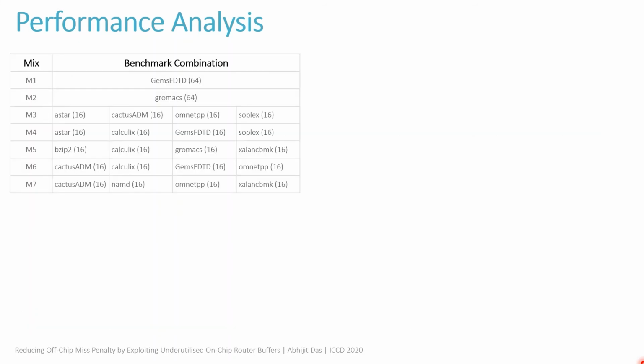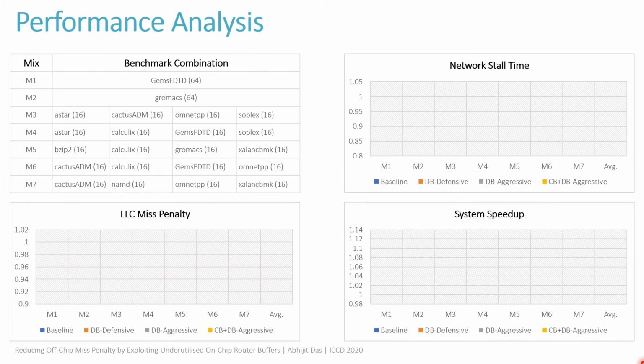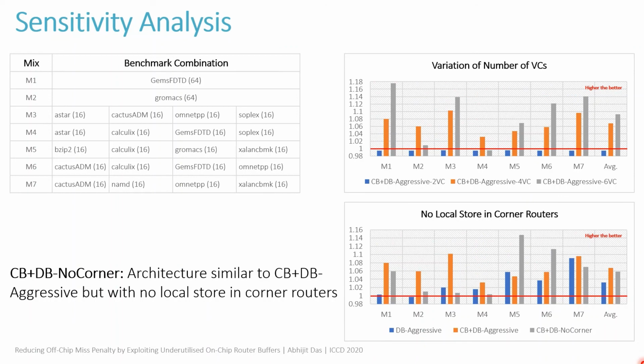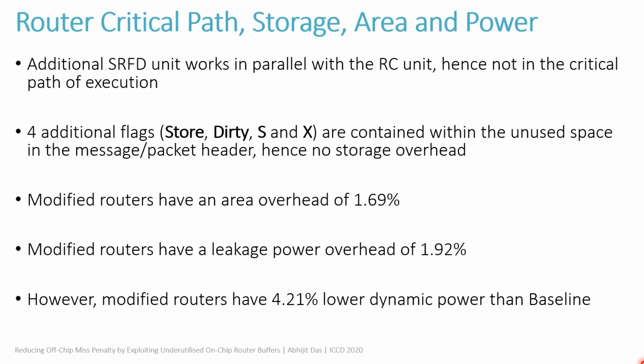We have created diverse workload mixes and considered LLC miss penalty, network stall time, and system speedup for performance evaluation. As we can see, for all the workload mixes, our proposed architectures achieve significant performance gain. We also conducted a sensitivity analysis to understand the impact of design parameters, and these are the results.